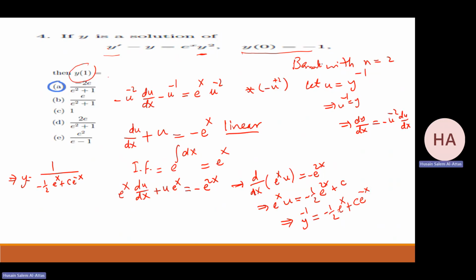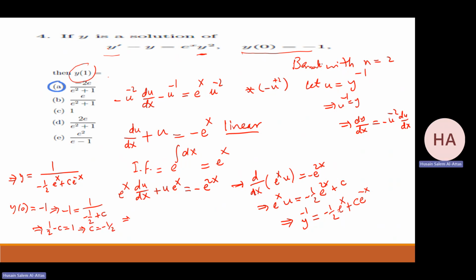I have this condition: y at 0 equals minus 1. Hopefully the calculations are correct. Okay, so I have minus 1 equals 1 over minus half plus c. So I have half minus c equals 1, so c equals minus half.